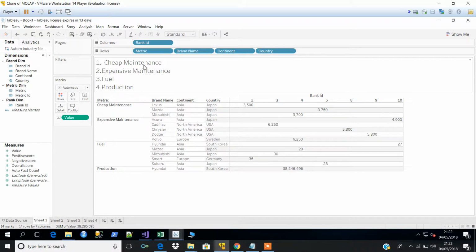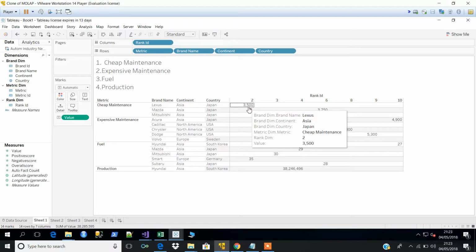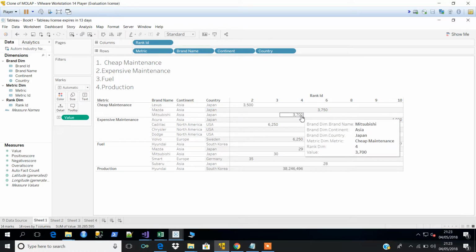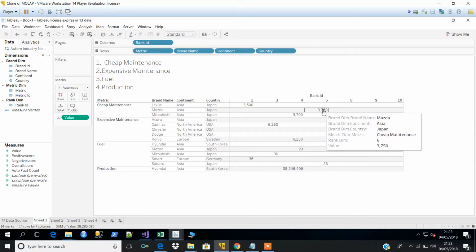So this sheet has answers for business queries such as cheap maintenance, expensive maintenance, fuel, and production. These queries were sourced from 7 different websites. In terms of cheap maintenance, we can see here that Lexus was ranked second, the second cheapest car brand to maintain on an annual basis with 3,500 USD, followed by fourth on the list, which was Mitsubishi with 3,700, then Mazda.